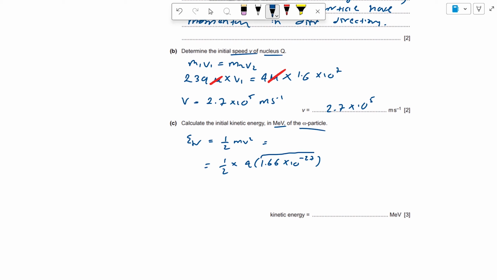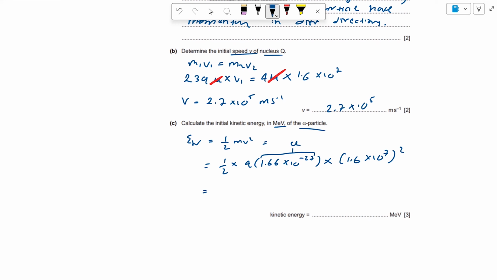This value here is U. You should have that in your formula sheet. And times the velocity, which is 1.6 times 10 raised to the power of 7, squared.